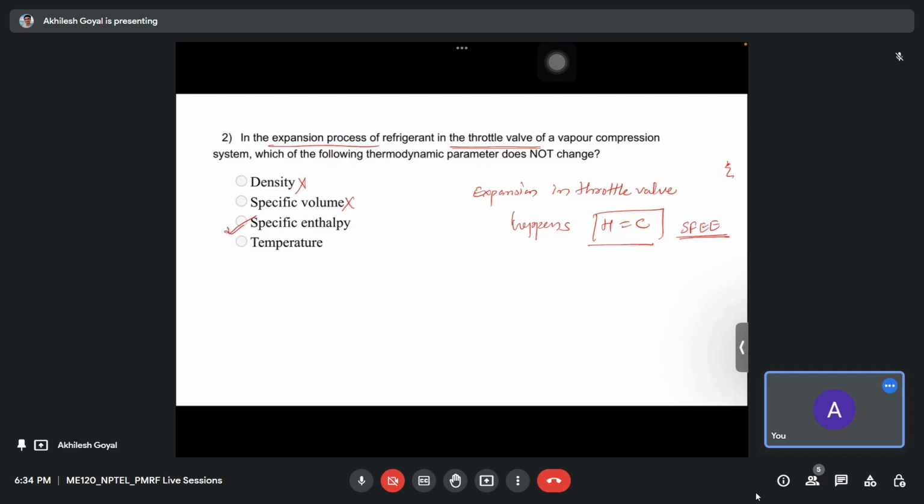That doesn't change in the case of expansion process in throttle valve. The throttle valve can be a porous plug or capillary tubes, anything. But in the case of expansion process, it happens at constant specific enthalpy. Okay, so let's move to the next one.